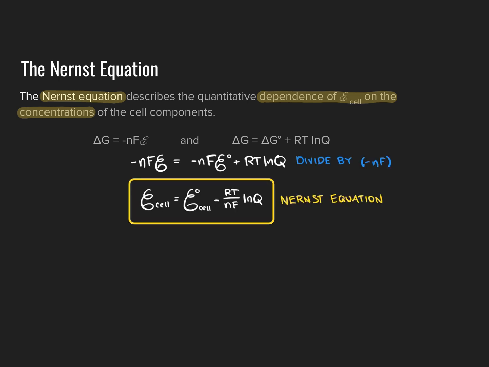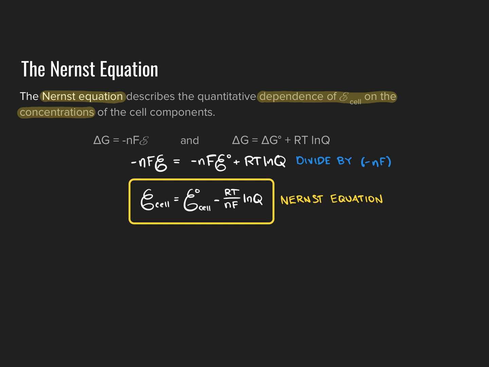As I do so, I get a new expression: the operating cell potential, E cell, of a cell operating under non-standard conditions can be calculated by taking the cell potential under standard conditions, E naught, minus the factor RT over nF times the natural log of Q. What you see here is a new expression that allows me to calculate how a cell potential changes depending upon the conditions of the system, both in terms of temperature as well as the relative quantities of the reactants and products present, as expressed by the reaction quotient Q.